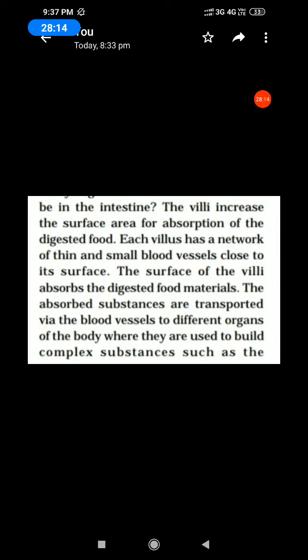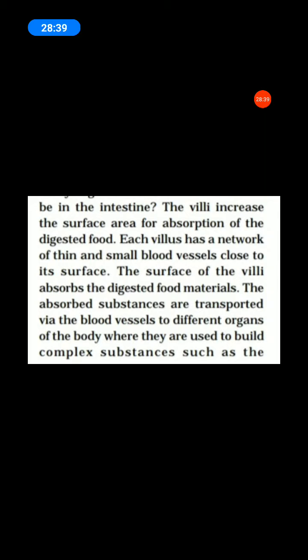The villi increase the surface area for absorption of digested food. Each villus has a network of thin and small blood vessels close to its surface. The surface of the villi absorbs digested food materials.